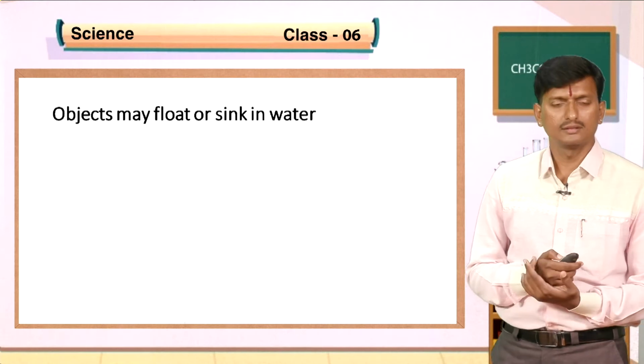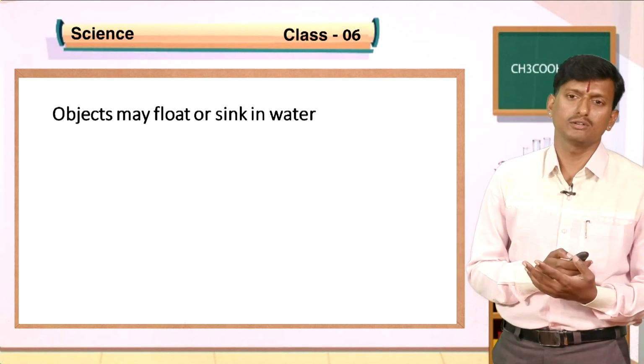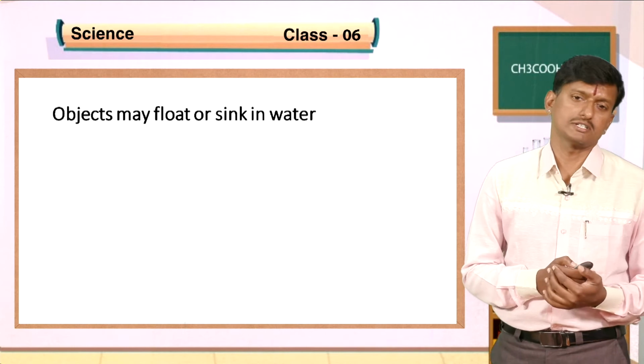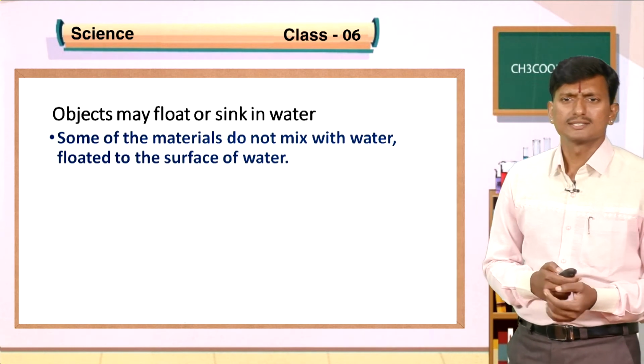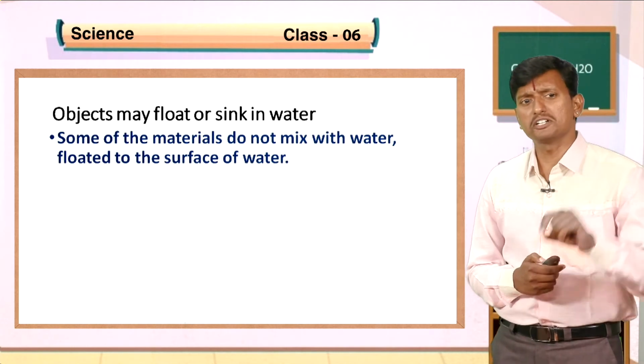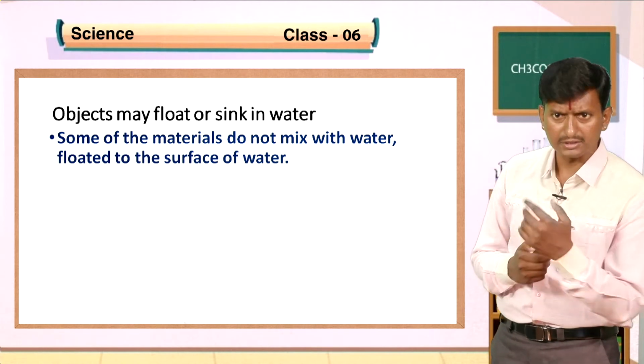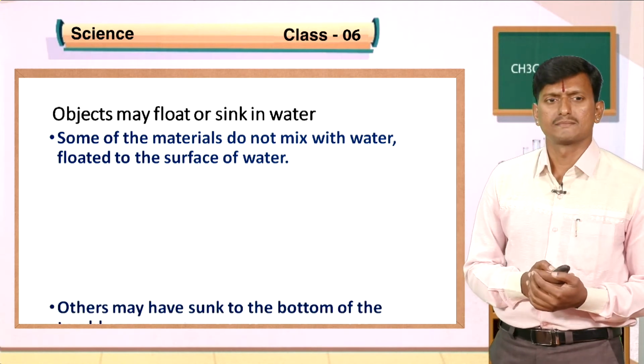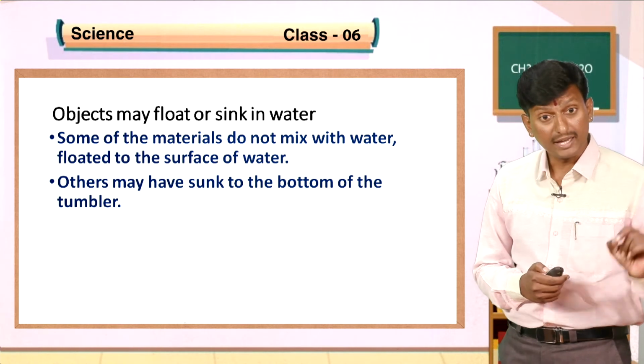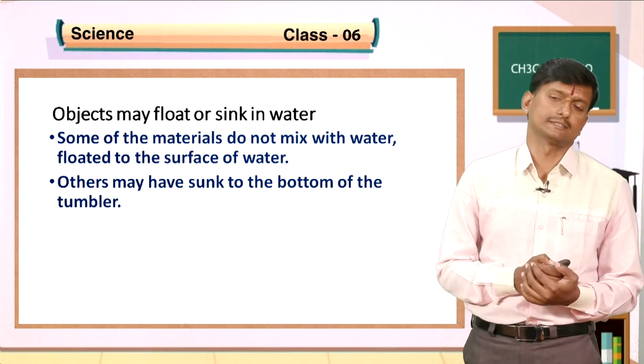You know that some objects may float and some may sink in water. Some of the materials do not mix with water, they float on the surface of water. Others may sink to the bottom of the tumbler.